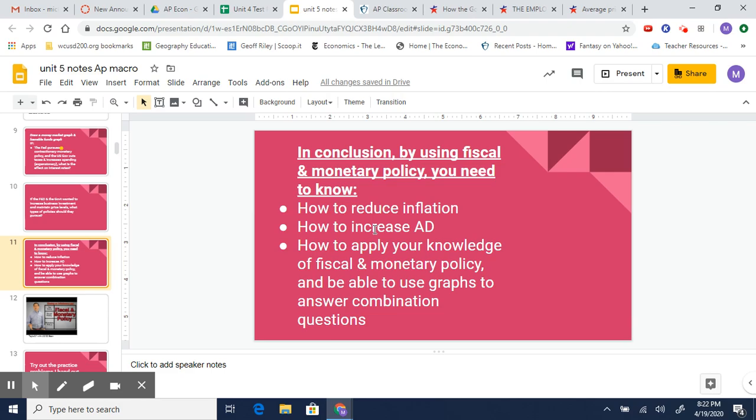You would have to think about the different types of policies, fiscal and monetary policy, look at them and think, all right, how would those cut price levels? What combination of the two would cut price levels? What combination of the two would increase aggregate demand? You have to be able to essentially just graph these things out to find the answer.